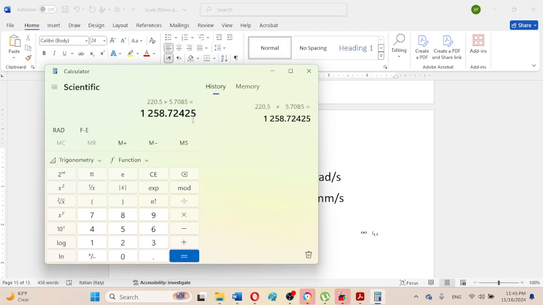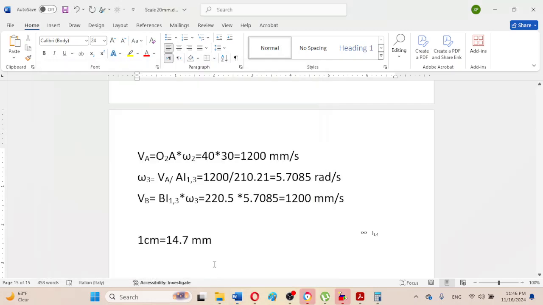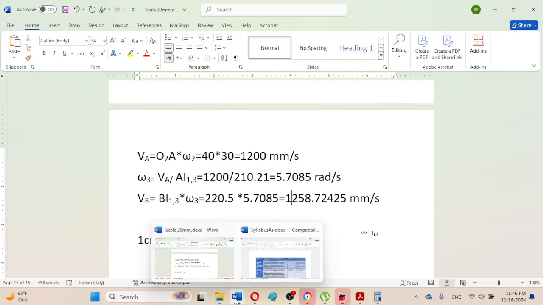This comes out to be 1258.72 millimeter per second. Just copy from here and paste it here. So as we can observe, this is the velocity of the slider.